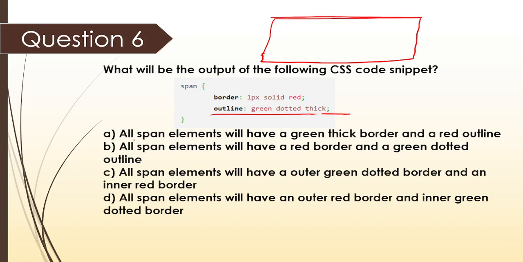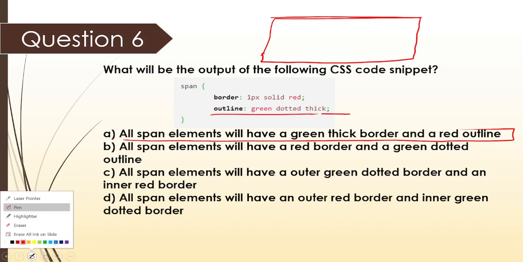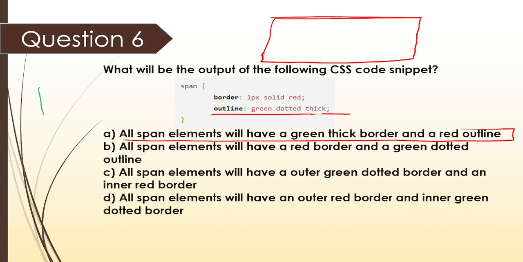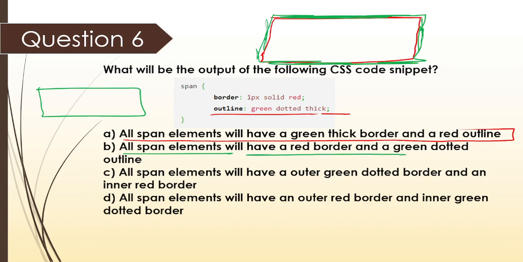So the first option says all span elements, let's say we have 2 or 3 span areas here, will have a green thick border like this and a red outline over here. All span elements will have a red border and green dotted outline. Red, they are talking about what?